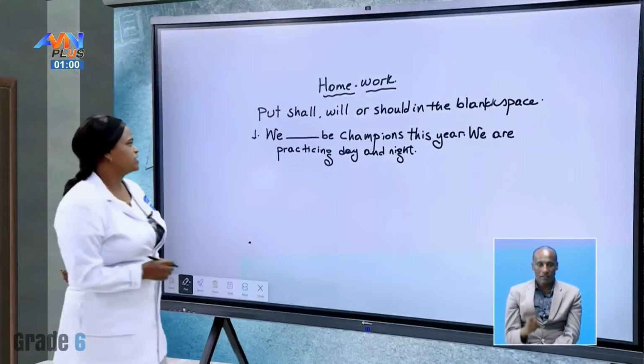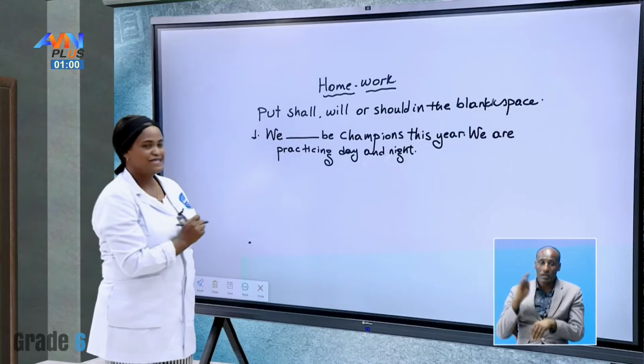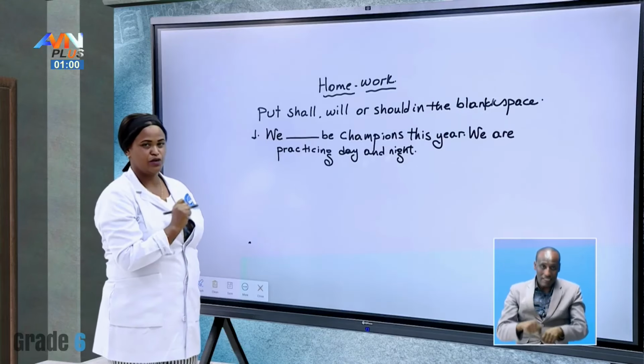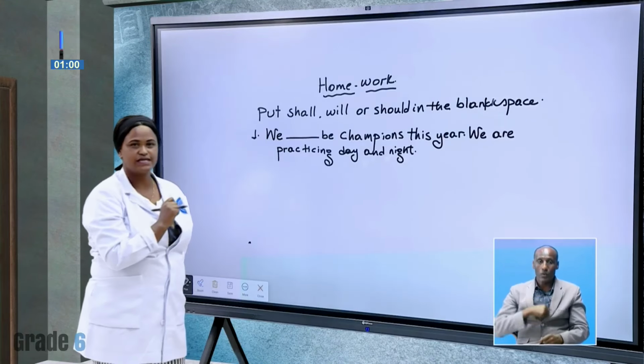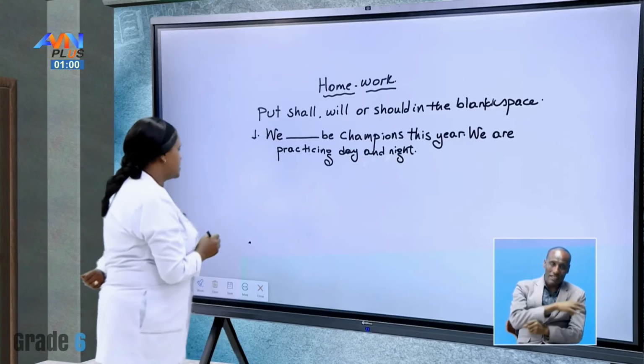The first one. We blank the champions this year. We are practicing day and night. Now be careful and consider the second sentence. It says we are practicing day and night.